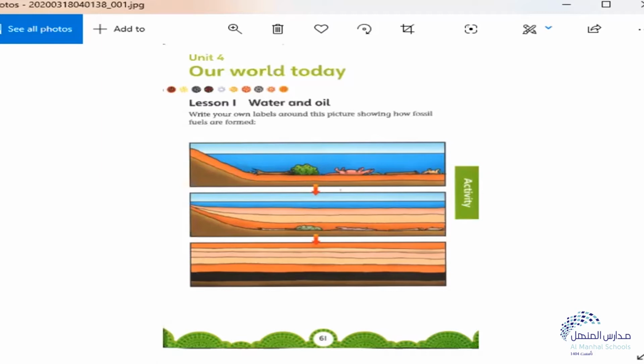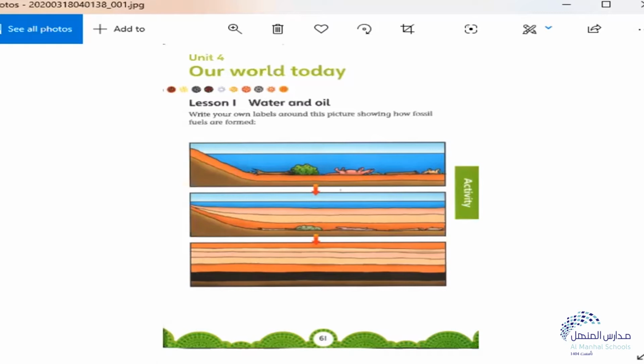Sediment is a layer of very fine dust. That is the second part of the picture.